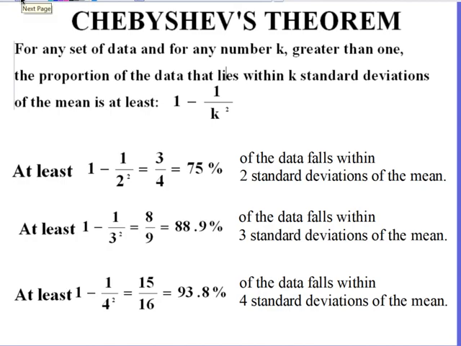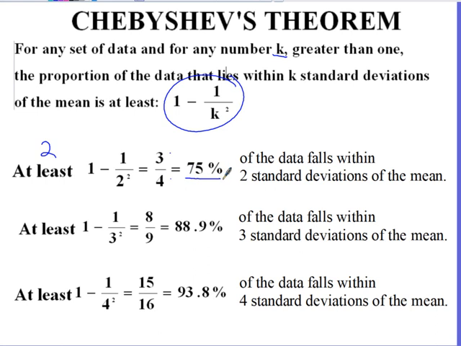Chebyshev's theorem. For any set of data with k number of standard deviations, where k is greater than 1, you have the following expression, 1 minus 1 over k squared, which gives percentages. If it's at least 2 standard deviations away, I'll put a 2 in for k, simplify that out, and I get 3/4, which is 75%.